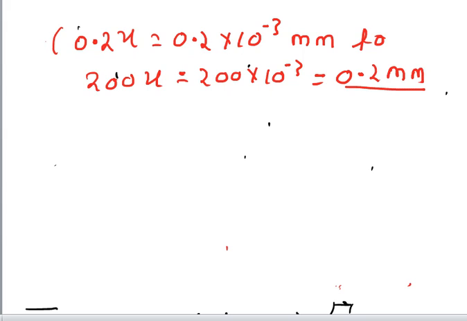Stokes law is not applicable if size is smaller or greater than this.